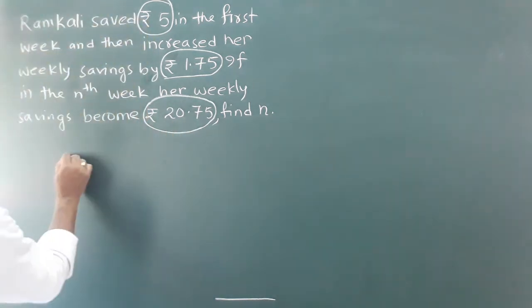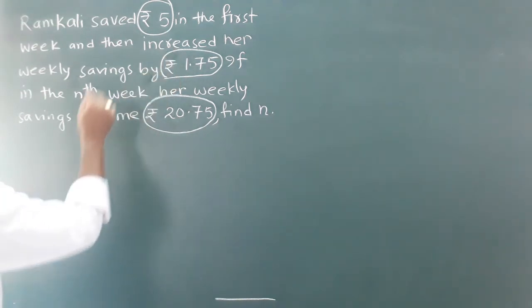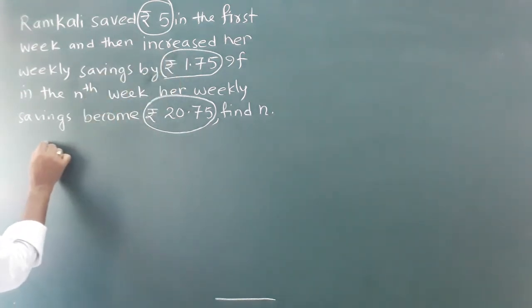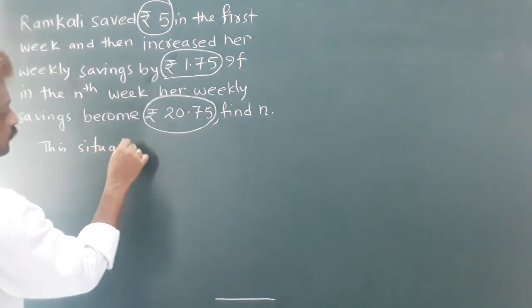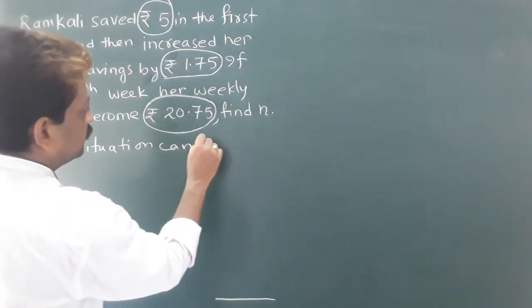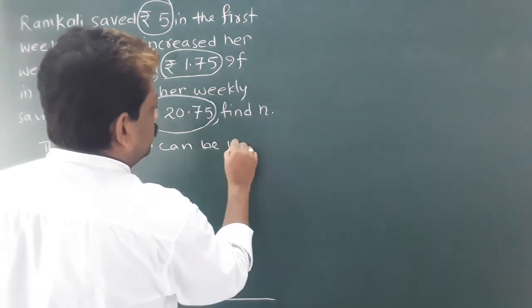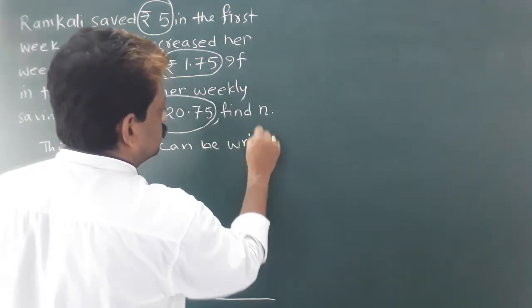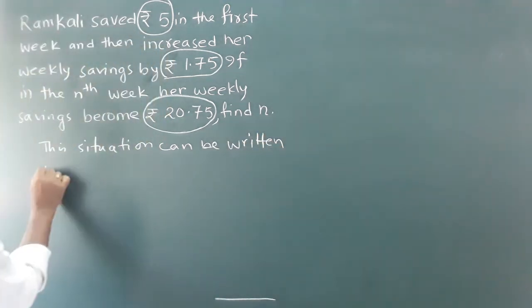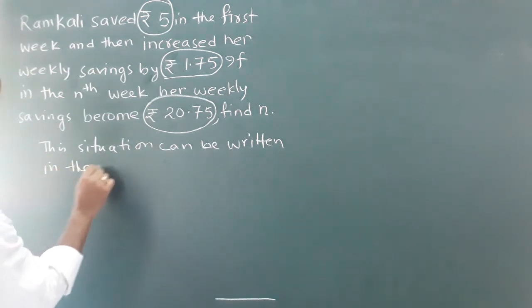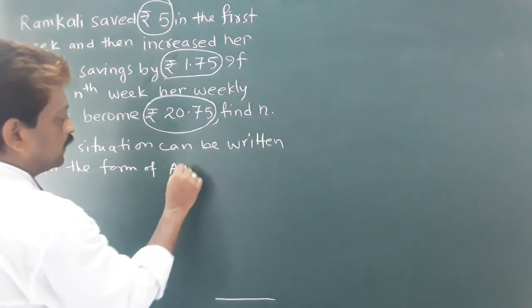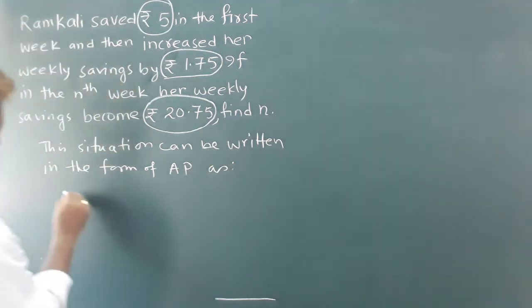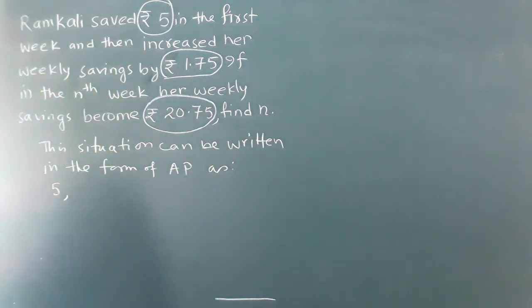So first, the situation again. This situation can be written in the form of AP as 5.